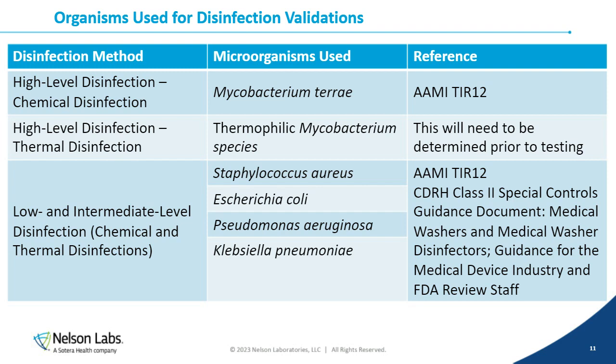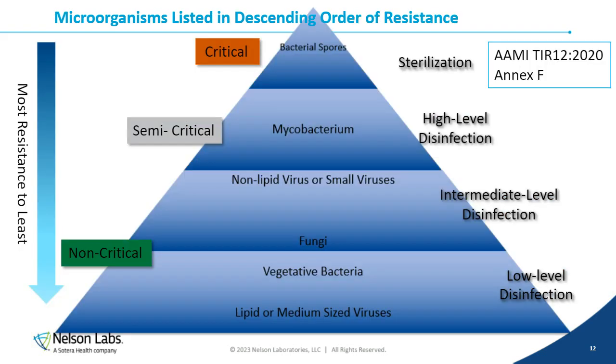So the reason why we use these particular organisms just really comes down to their resistance to chemical and physical activity. So that's what this diagram is showing. It's showing the most resistant organisms on top to the least resistant organisms on the bottom to chemical and physical activity.